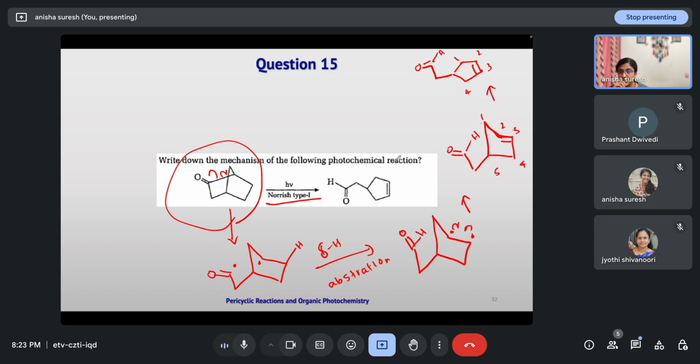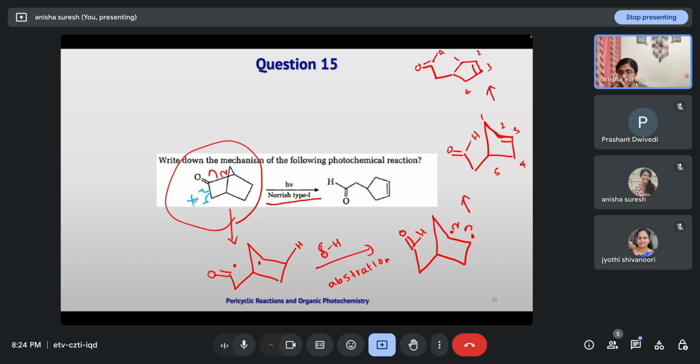How is the Norrish type 1 reaction taking place? Alpha fragmentation is taking place first. So there are two possibilities for alpha fragmentation. Either it can take place from this side, or, 1 second, from this side, right?